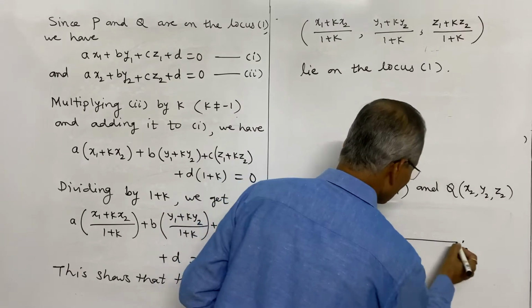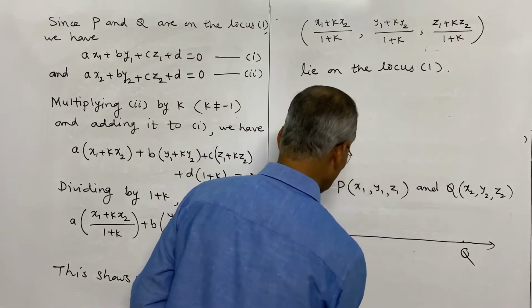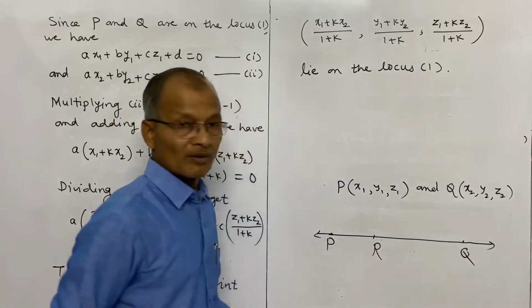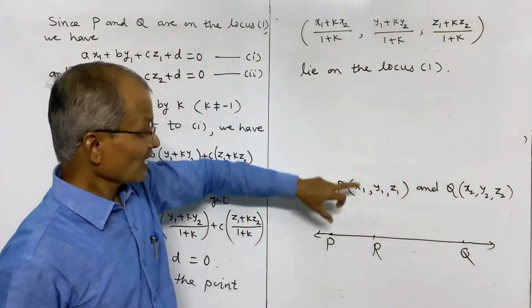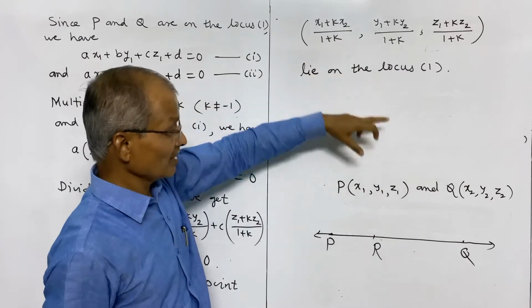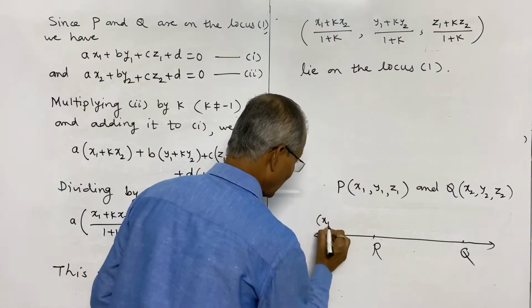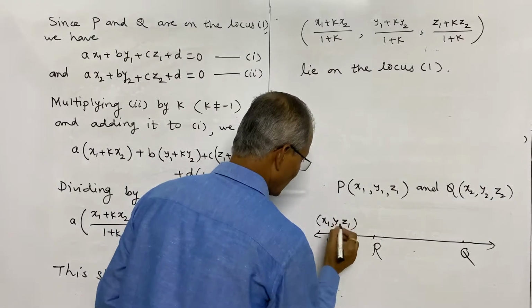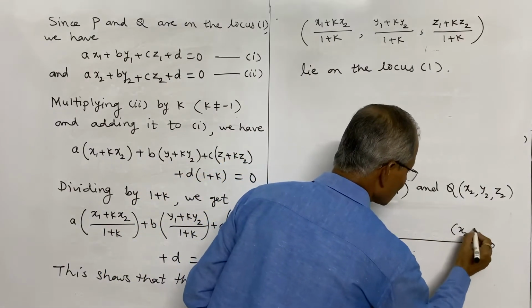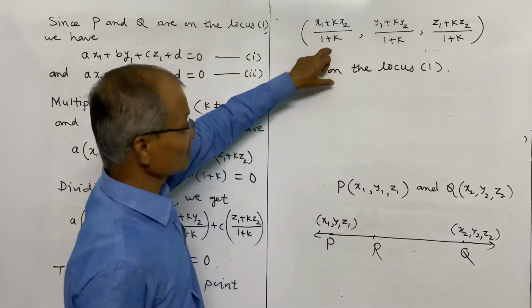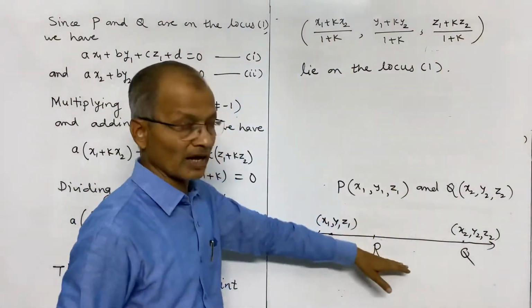And I say this point, suppose this is R, then it lies on this line. Because what are the coordinates? x1 plus k times x2. See, the coordinates of P are x1, y1, z1. And coordinates of Q are x2, y2, z2. And this point has these coordinates. So this is a point on the line.